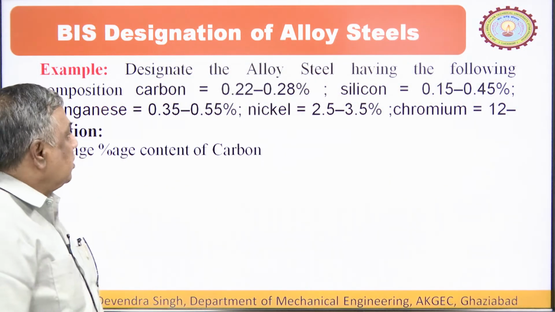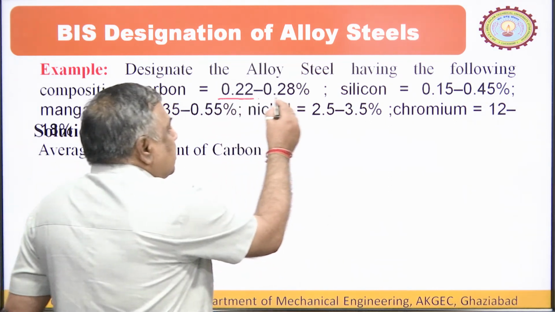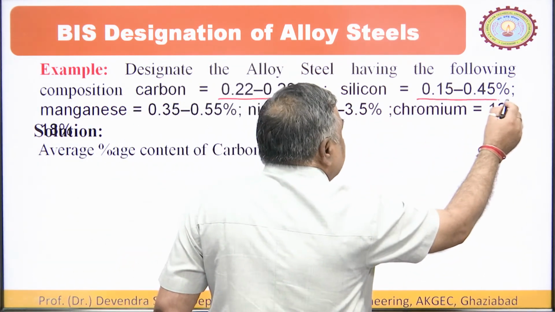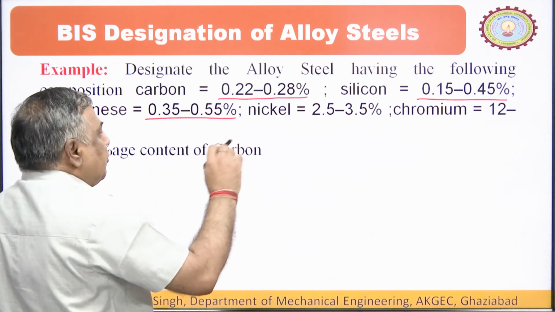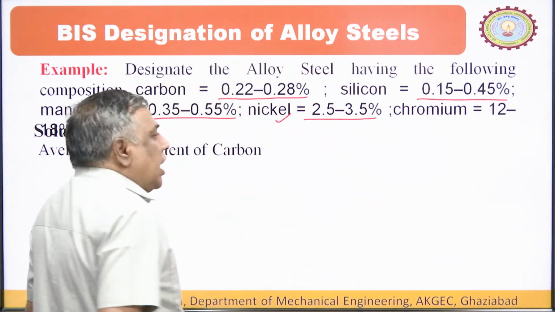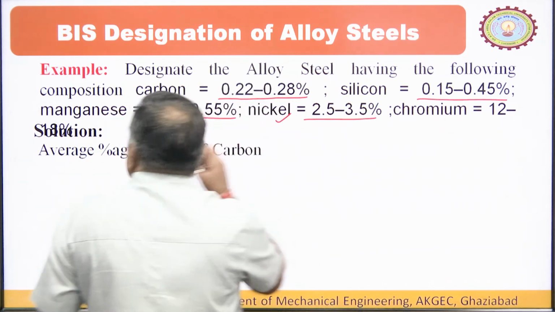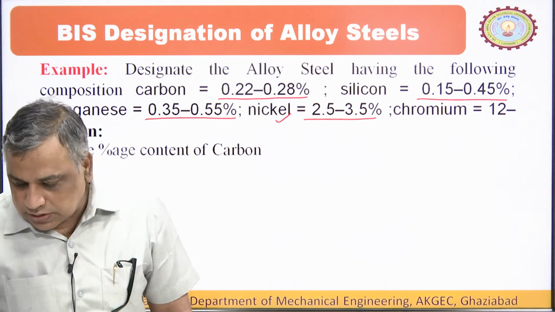The composition: carbon is 0.22 to 0.28%, silicon is 0.15 to 0.45%, manganese is 0.35 to 0.55%, nickel is 2.5 to 3.5, and chromium is 12 to 19%, I think.